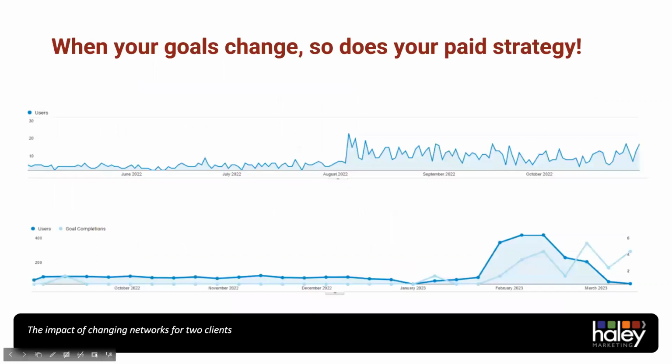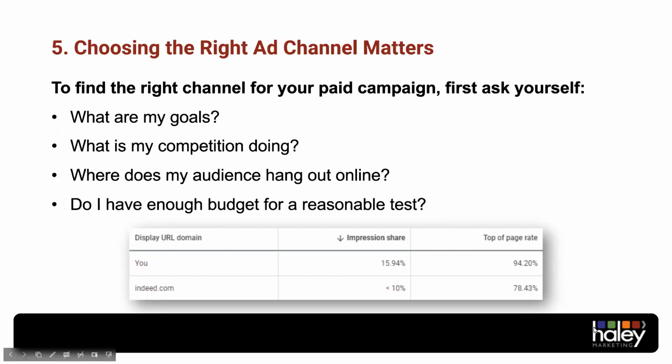And finally, this nice little picture, where it says display URL domain. This is a screen capture from what's called Auction Insights in Google. It's a tool that gives us an idea of how your ads are performing against your competitors. So you can see here where it says You and then impression share.